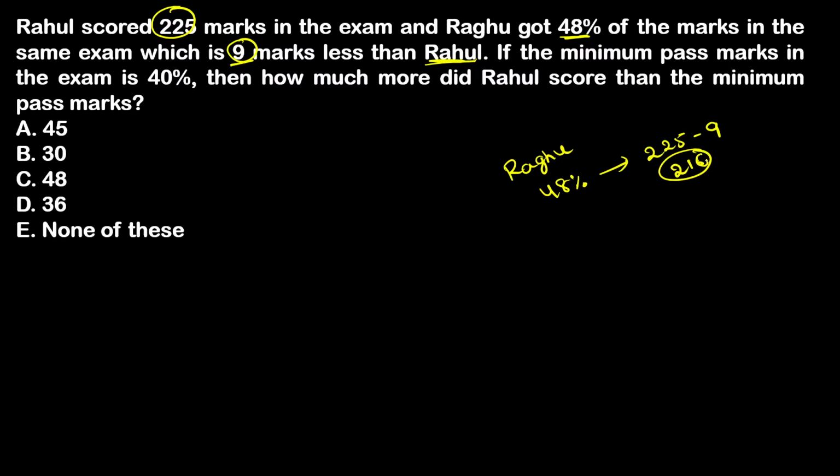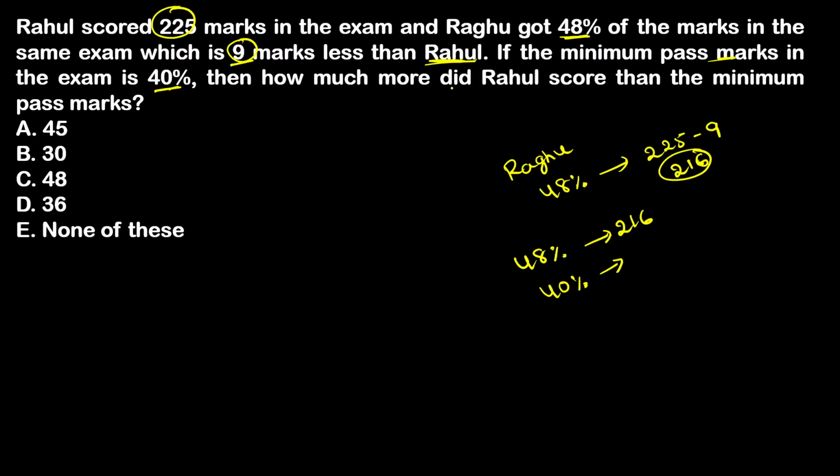From this I understood that Raghu scored 216 marks and Raghu got 48% of the total. So from this we need to understand it as 48% of the total marks is 216. If the minimum pass marks in the exam is 40%, okay, so in order to pass the exam, the required pass mark is 40%.